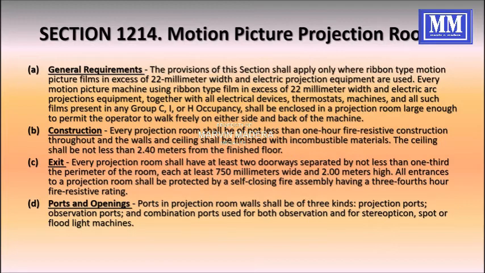All entrances to the projection room shall be protected by a self-closing fire assembly having a 3/4 hour fire resistant rating. Ports and openings in projection room walls shall be of three kinds: projection ports, observation ports, and combination ports used for both observation and stereopticon spots or floodlight machines.